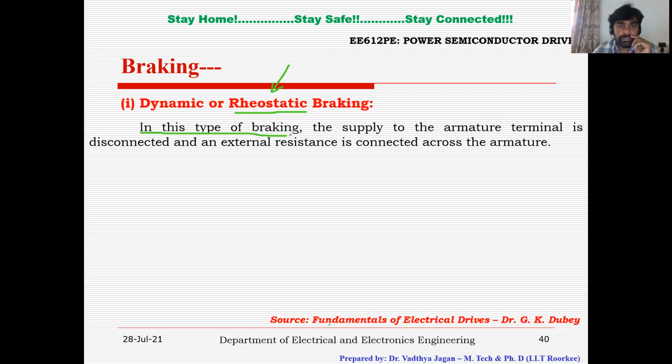In this type of braking, the supply to the armature terminal is disconnected, and we connect the same armature terminal to the external resistance, right? Whenever the machine is rotating, it has some kinetic energy, and that kinetic energy is dissipated in the form of heat in the external resistance.